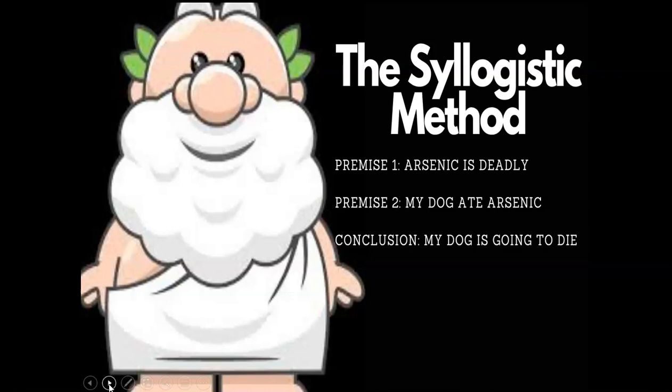As an example, let me provide you with this. If I were to say in a first premise, arsenic is deadly, then in my second premise, my dog ate arsenic, the natural conclusion we would make in terms of line of reasoning is that my dog is going to die.